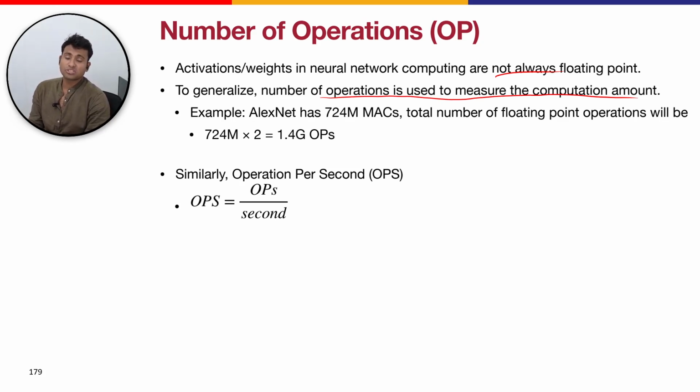But a more efficient approach would be calculating integer operations, or there are different data types which we'll discuss in the next lecture, like mixed floating points or BF data types. So hold on for that. Based on that, you can again calculate the total number of operations which are going to happen. So it's very similar to flops.